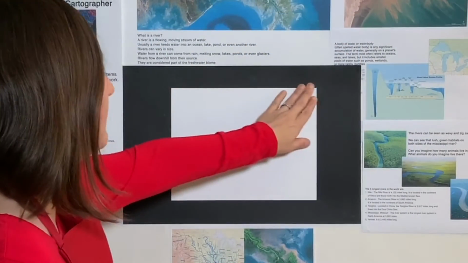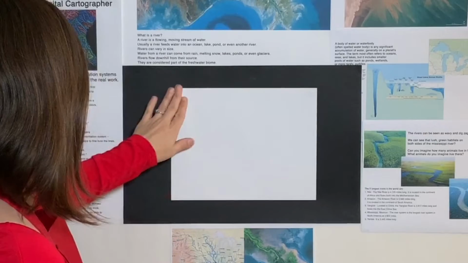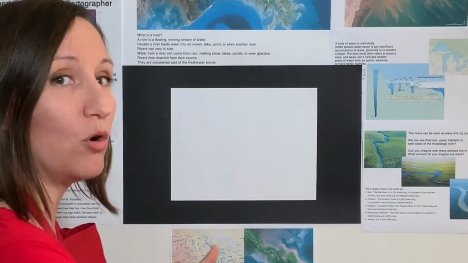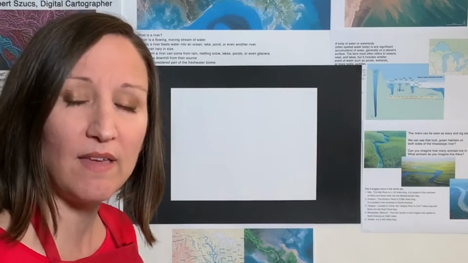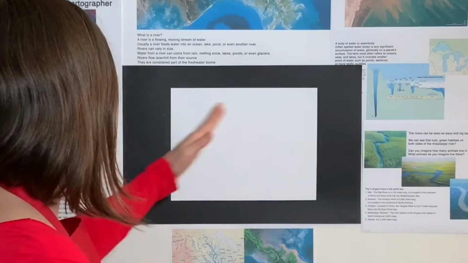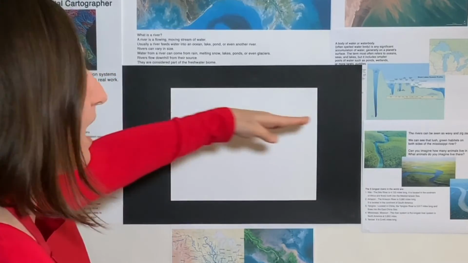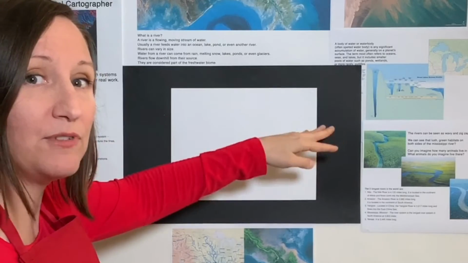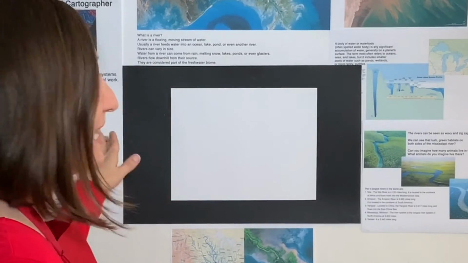Let's get started. So this piece of paper is oriented to be side to side, or what we call horizontal. Can you say that word? Horizontal. That's anything that is lined up from side to side, left to right, or east to west.